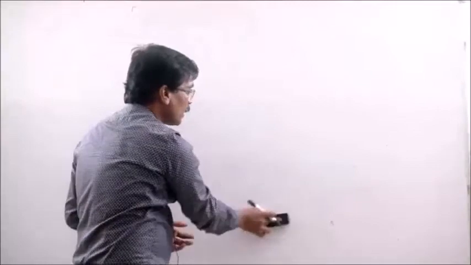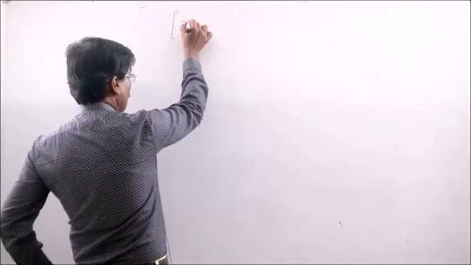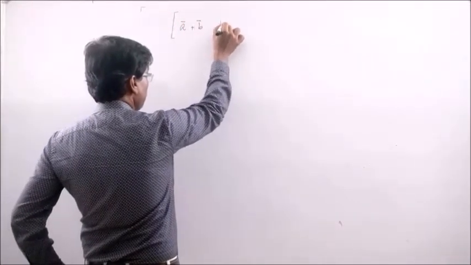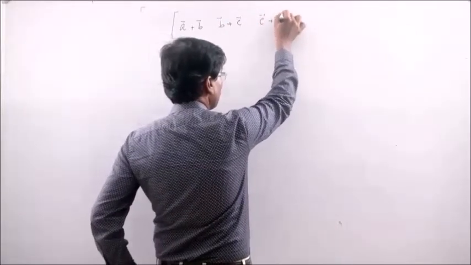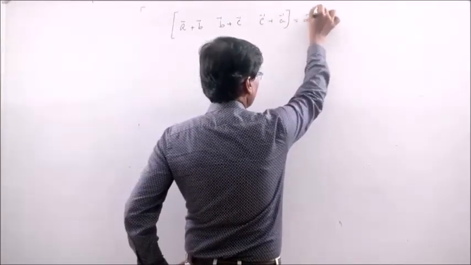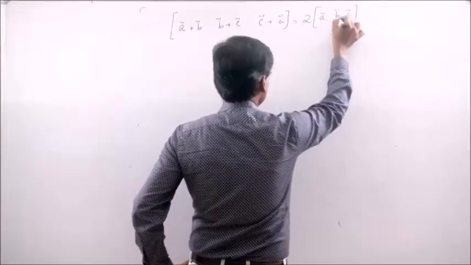Which is commonly asked in your exam, that is [a plus b, b plus c, c plus a] is equal to 2 times [a, b, c] vector.